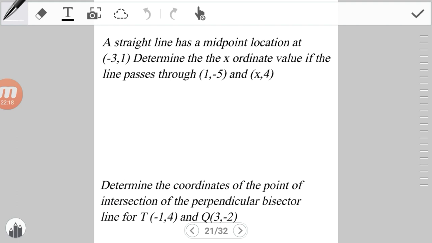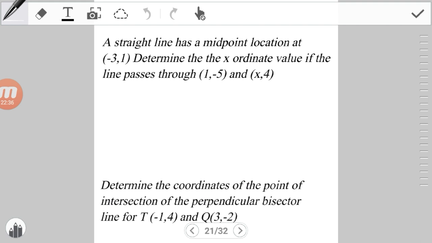All right, now I want you guys to pay very close attention to how I approach this question. All right, so a straight line has a midpoint location of (-3, 1). We are to determine the x-ordinate value if the line passes through (1, -5) and (x, 4).